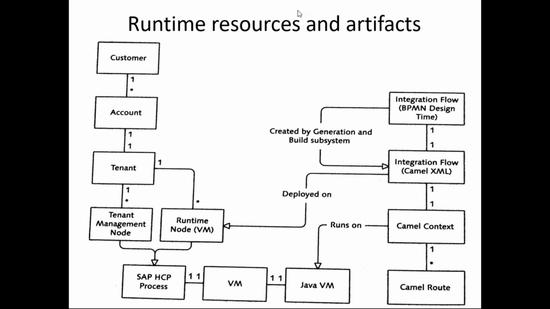Other than data errors, if you see any errors that belong to the system, they will show as Java-relevant errors, because they occur in the Camel Foundation. So that is about the runtime resources and artifacts.